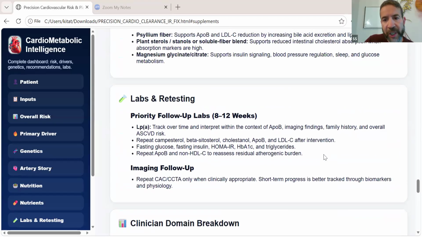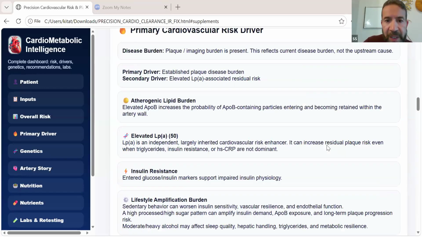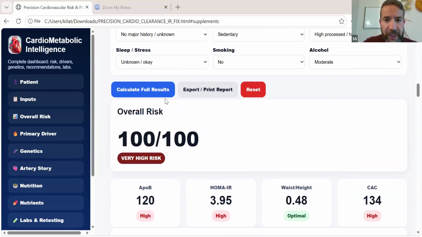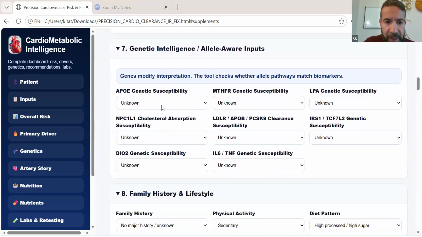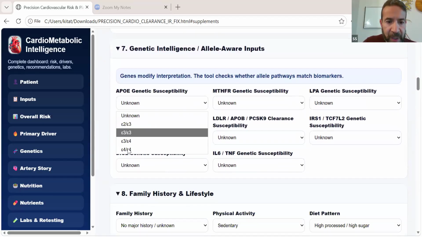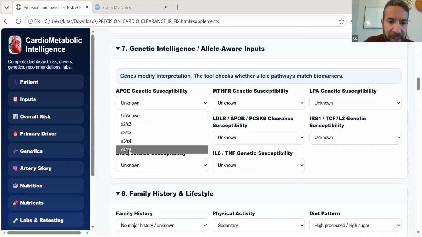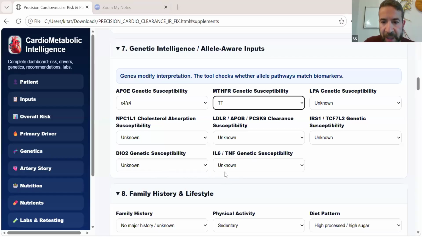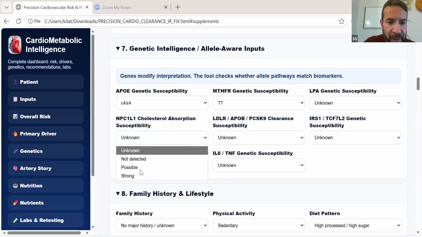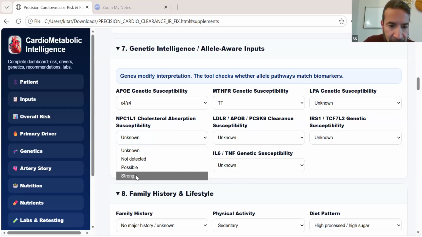All right. And let's change one more thing here. Let's do something else. Let's challenge this, and let's say, let's add some genetic components. Let's say this person has alleles of E4, E4. He's got some, let's see, some absorption genetic susceptibility.